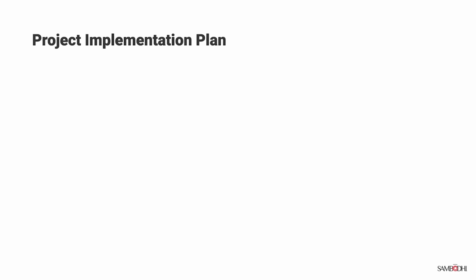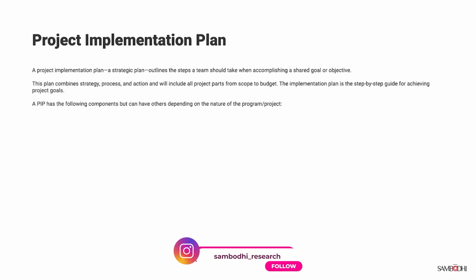After determining the program purpose, resources, etc., we move on to the project implementation plan or strategic plan, which outlines the steps a team should take when accomplishing a shared goal or objective. This plan combines strategy, process, and action, and will include all parts of the project, from scope to budget and beyond.